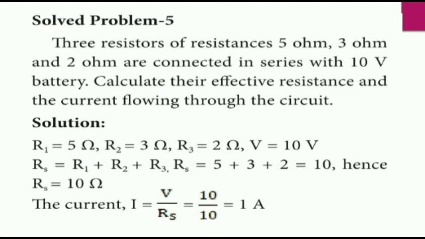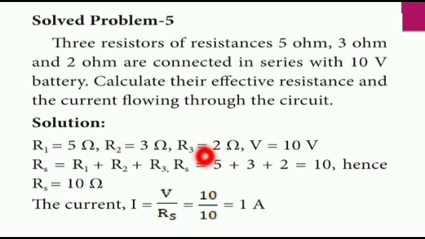Based on this one, another problem. Three resistors of 5 ohm, 3 ohm, 2 ohm are connected in series. So series is a hint. And the voltage is 10. Calculate their effective resistance and the current flowing through it. So R1 is 5 ohm, R2 is 3 ohm, R3 is 2 ohm, voltage is 10. Total resistance formula: Rs equal to R1 plus R2 plus R3.